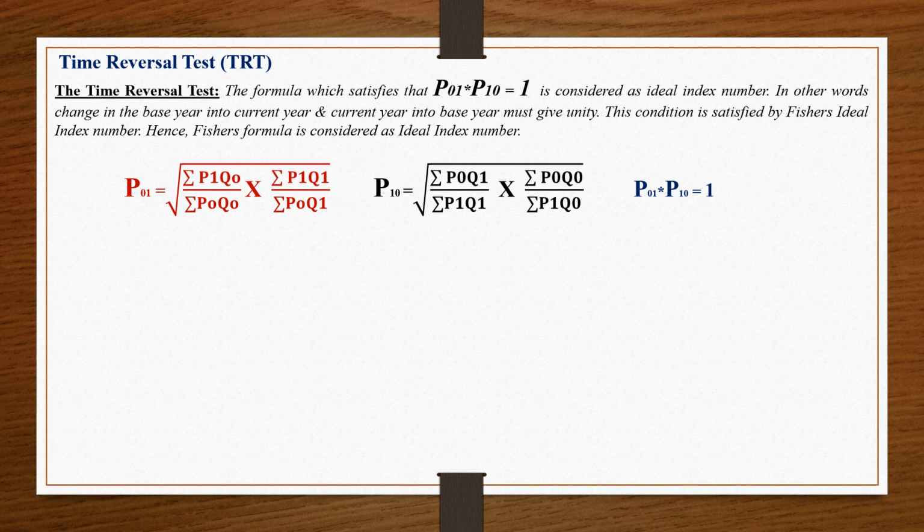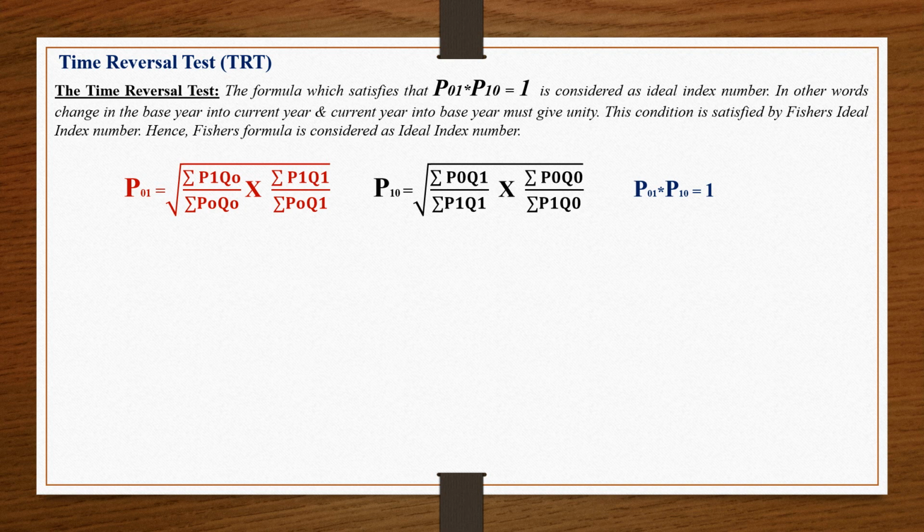Then P10 is equal to the square root of summation of P0 Q1 divided by summation of P1 Q1, into summation of P0 Q0 divided by summation of P1 Q0. So there are individual separate equations to find out P01 and P10.